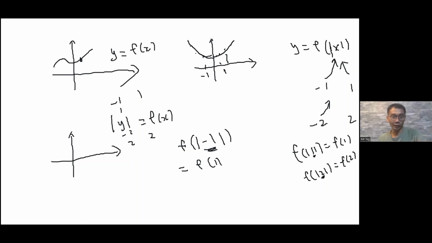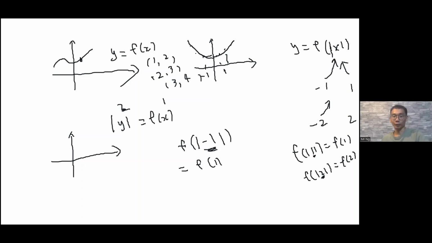For example, all these have pairs of coordinates. Let's say here is 1 comma 2, then here 2 comma 3, here 3 comma 4. For example, when this one is 1, this one is 2.